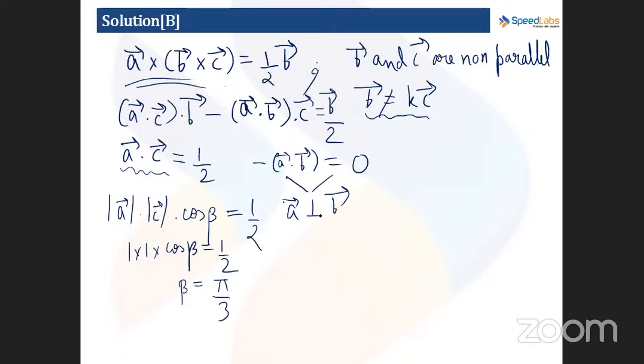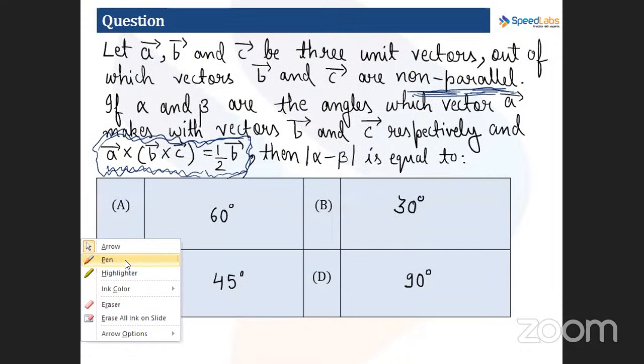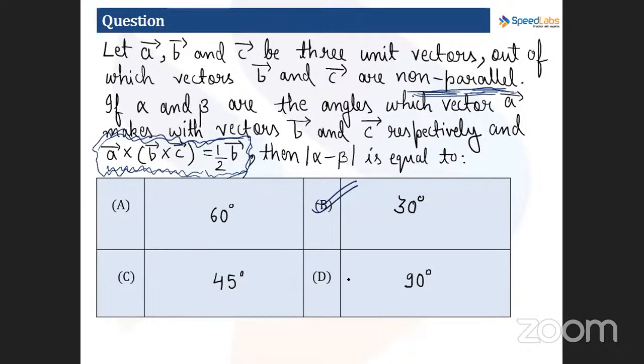And what is the angle between A and B? It is pi by 2, and the angle between A and B was alpha. I had to find the mod of alpha minus beta. So it is pi by 2 minus pi by 3, which is pi by 6. So the correct option here is option B, 30 degrees.